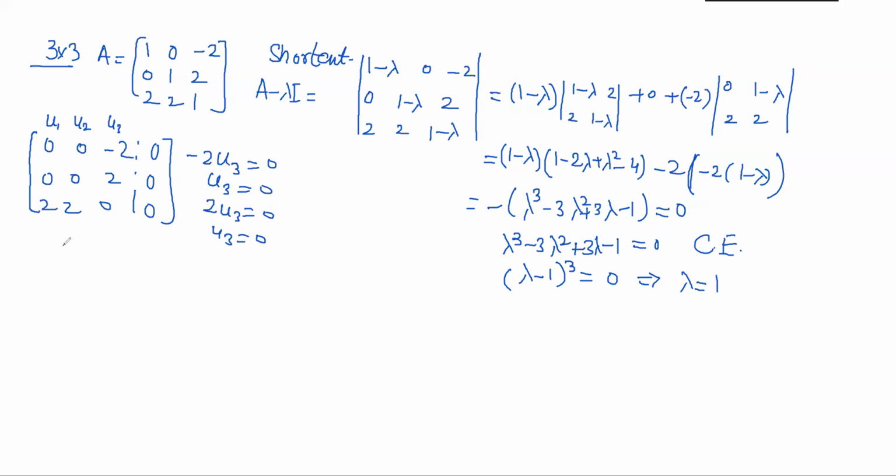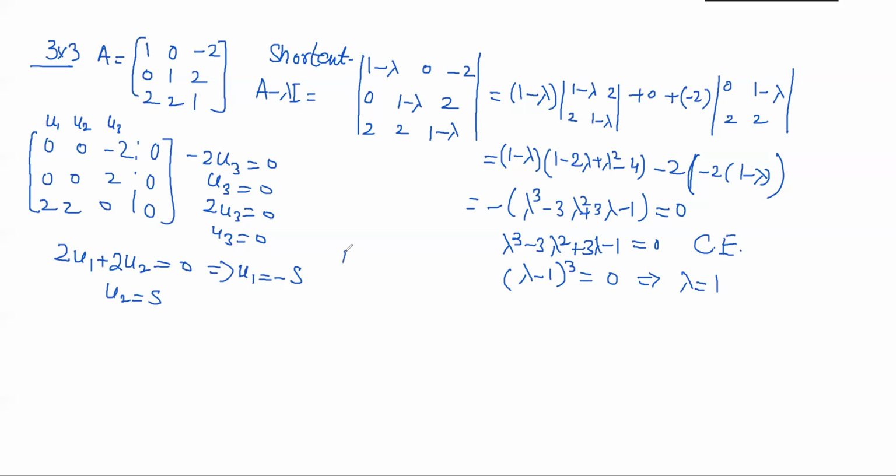From the last equation, we get 2 u1 plus 2 u2 equal to 0. We can take u2 as equal to s, so from here u1 is equal to minus s.